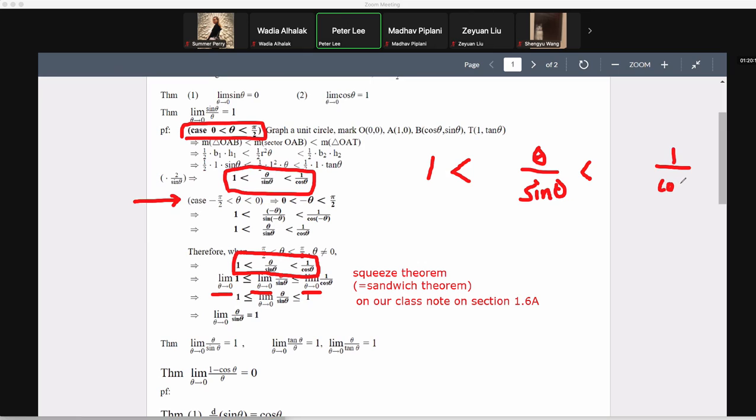Now, because we want to evaluate the limit of this guy and the middle guy, what we do is we put the limit here. Let me write this in blue.